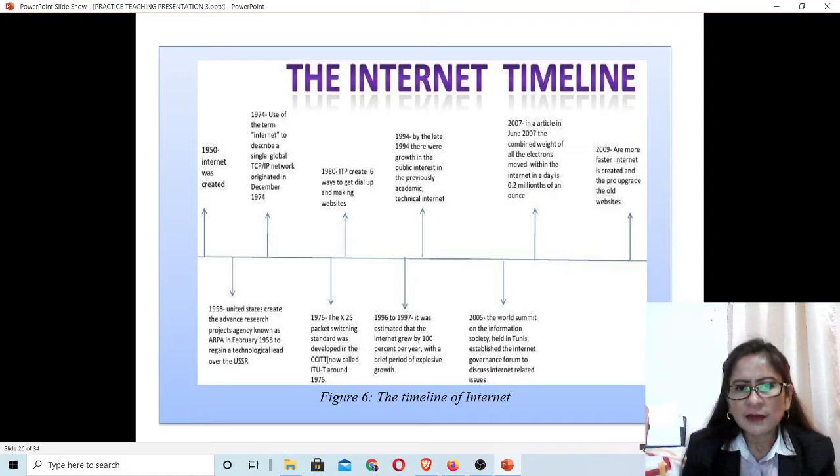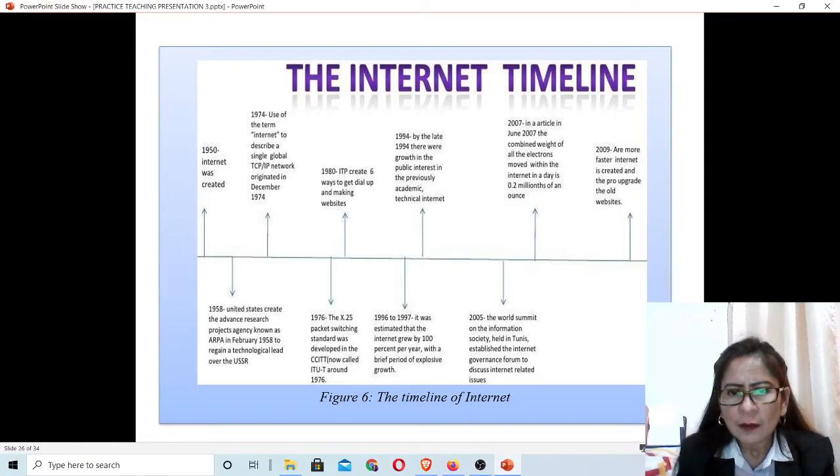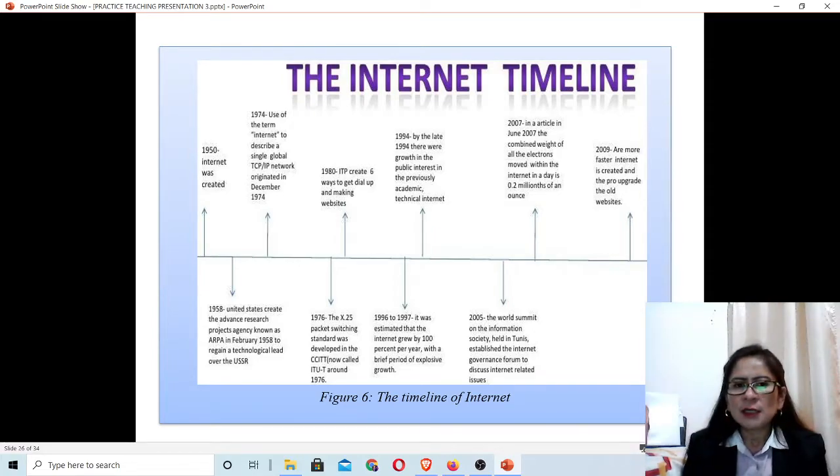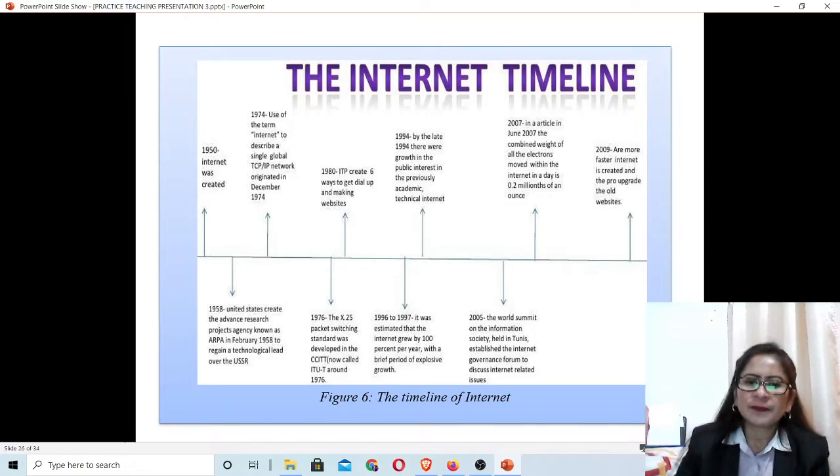In June 2007, the combined weight of all the electrons moved within the Internet in a day was 0.2 millionths of an ounce. In 2009, a faster Internet was created and upgraded the old websites. This is all the Internet timeline.